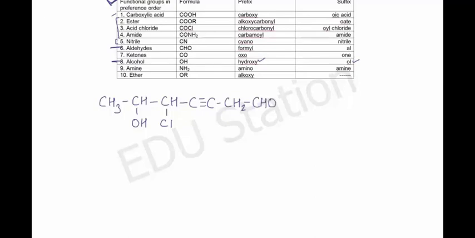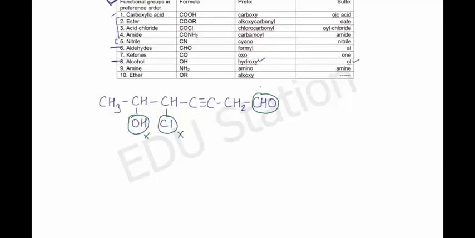In this case, we have 3 functional groups: aldehyde, chloro, and alcohol. Halogens are never preferred. So among aldehyde and alcohol, aldehyde is preferred. So you will leave these 2 groups initially and you start with the word root preferring aldehyde.